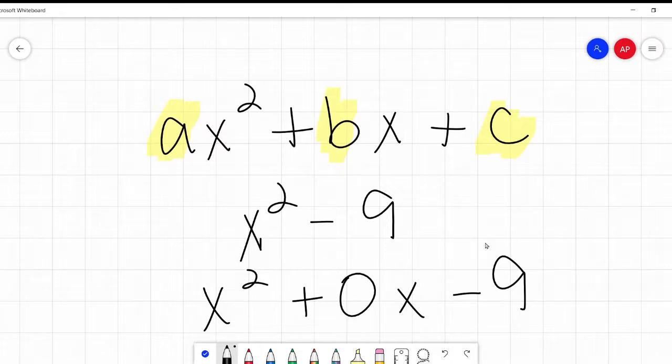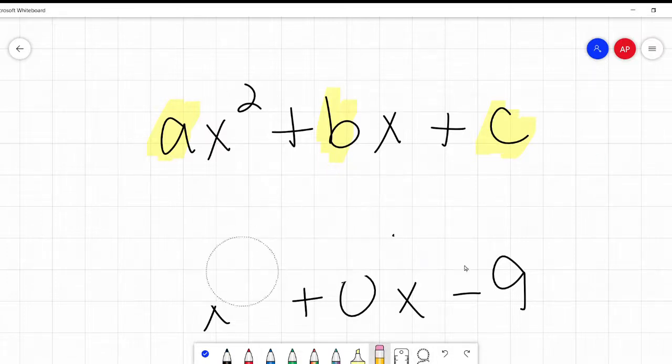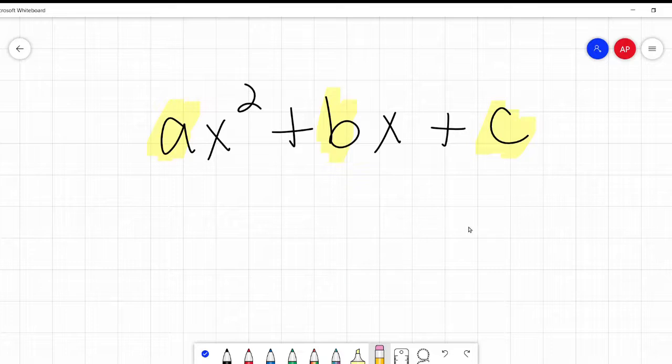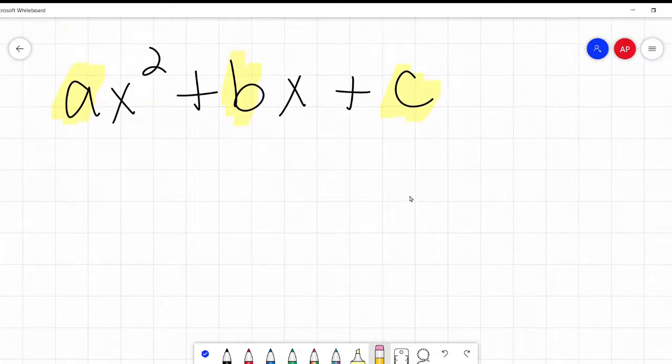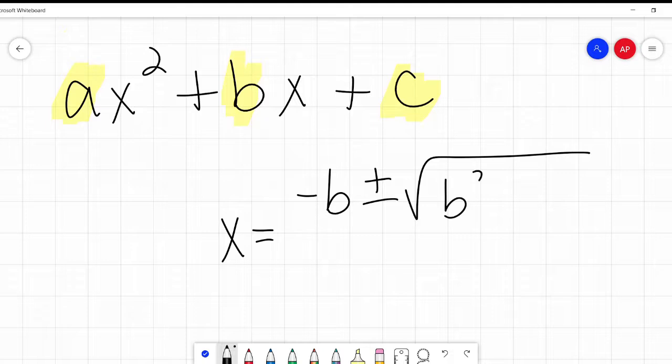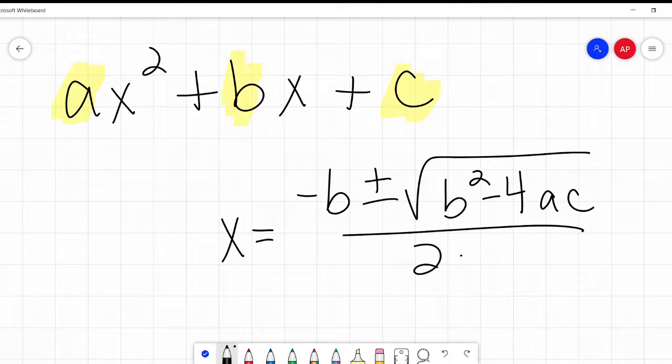Everybody with me? You may have seen this used in conjunction with the quadratic formula. If you're not familiar with the quadratic formula, I do have a video down below. Quadratic formula looks like this. x equals negative b plus or minus the square root of b squared minus 4ac all over 2a. And your a's, b's, and c's are referring to these three numbers from the quadratic equation that you're trying to solve.